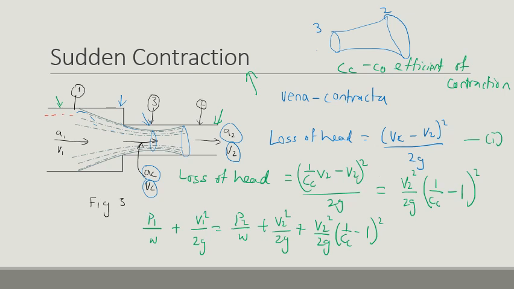We can simplify this equation further to give us P1 over W plus V1 square over 2g is equal to P2 over W plus V2 square over 2g into bracket 1 plus (1 over Cc minus 1) all square, and close that bracket.